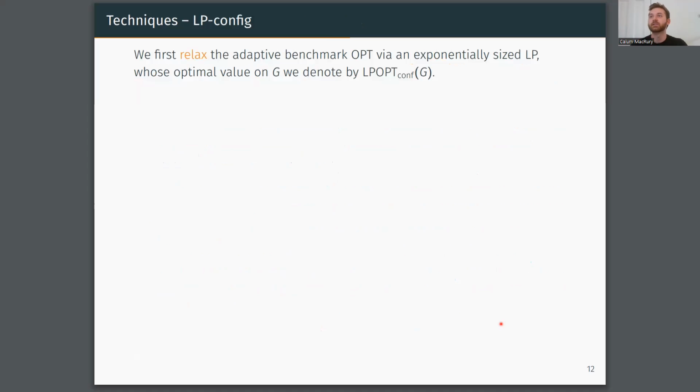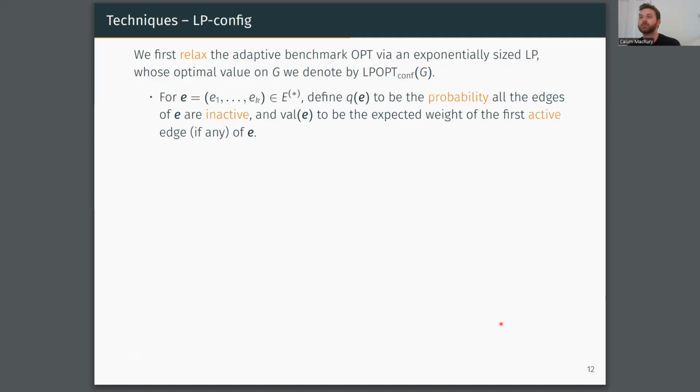Okay, so what are the techniques that we use in our paper? Well, the first thing that we need to do is come up with a relaxation of the adaptive benchmark. We do this by considering an exponentially sized LP, whose optimal value we denote by LP-opt-config of G. There are a number of definitions and notation here, but for a sequence of edges, q_v is going to be the probability that all the edges of v are inactive, and val of v is going to be the expected weight of the first active edge of v.